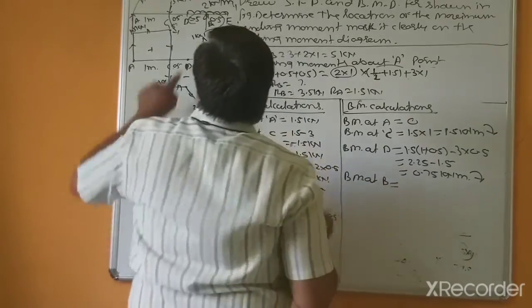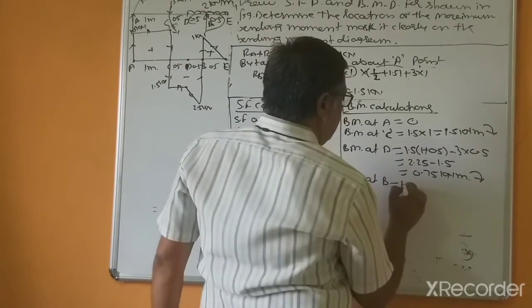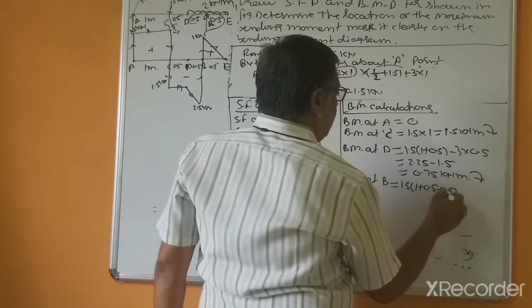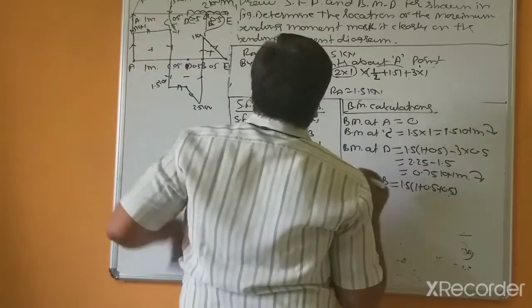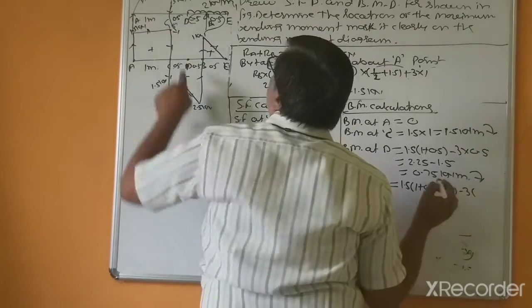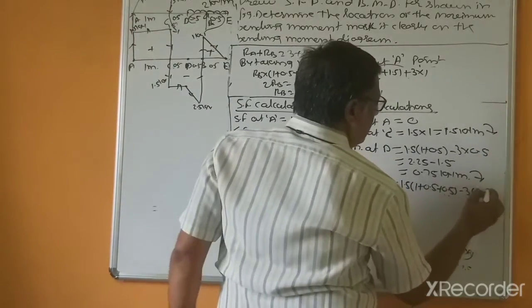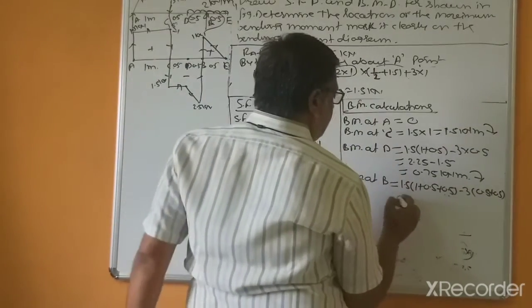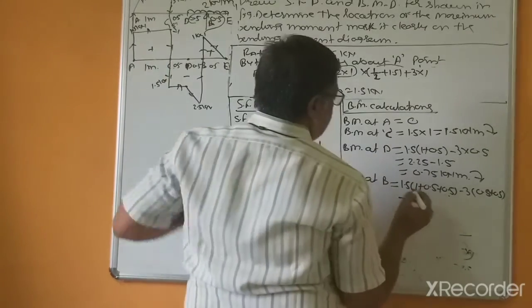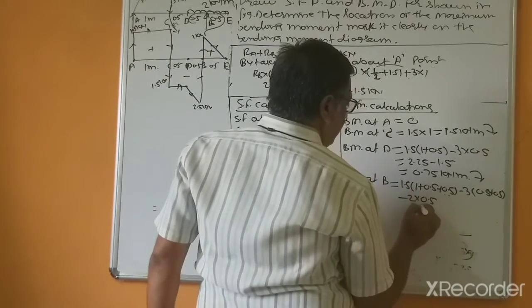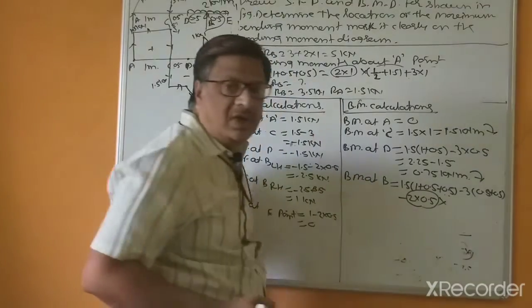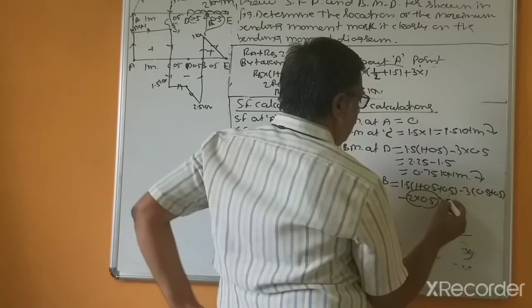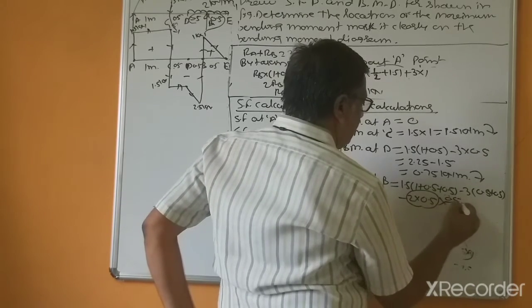Next point, bending moment at B point. Again the distance increases by 0.5. So that's why I increased 0.5 distance, and this 3 kilonewton, 0.5, and this uniform distributed load 2 kilonewton, this distance multiplied by 0.5 is the shear force, and the center of gravity is located at half of its distance. That's why 0.5 divided by 2.